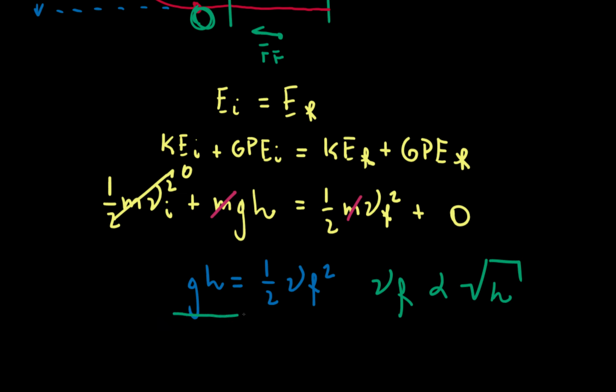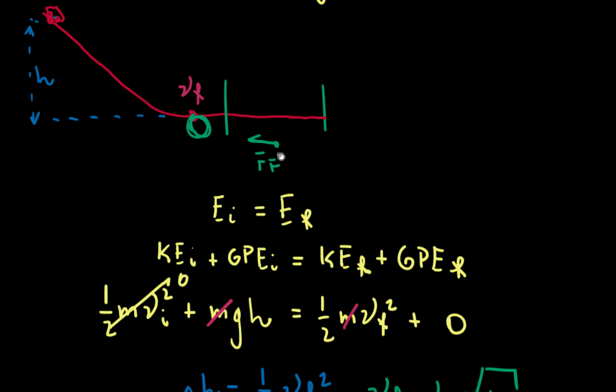It comes from the fact that once you do energy conservation, you find that height and the square of the final velocity end up being related.